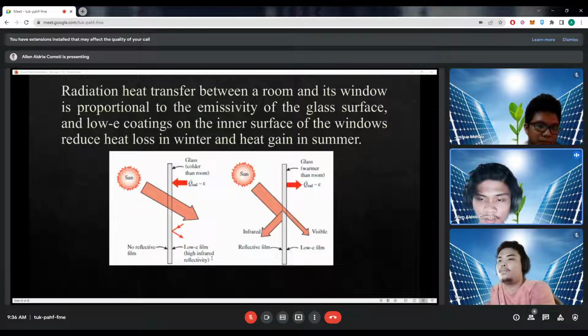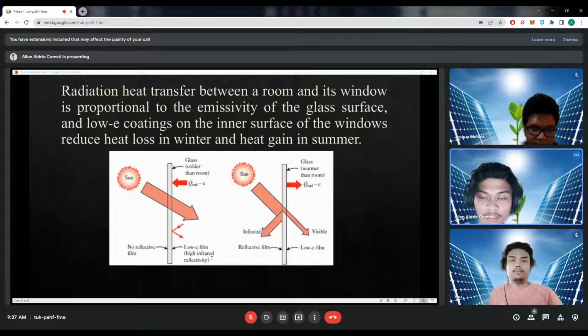The conductive heat gain or losses can be minimized by using multiple pane windows. Double pane windows are usually called for in climates where the winter design temperature is less than 7 degrees Celsius or 45 degrees Fahrenheit.